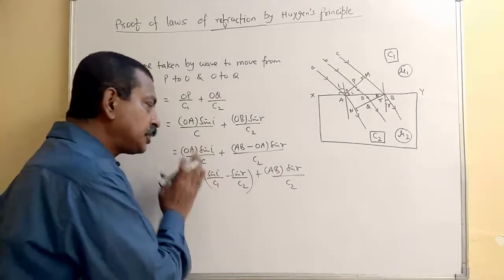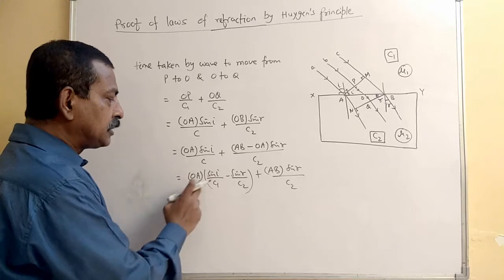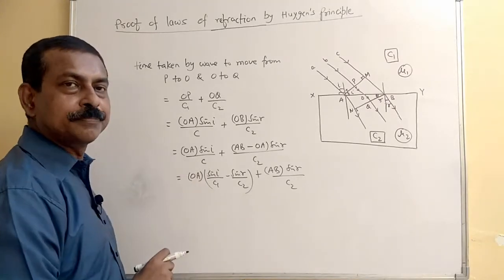And for this time to be constant, how will it be constant? If it is independent of OA.